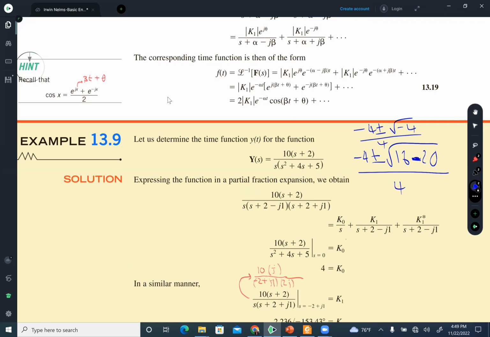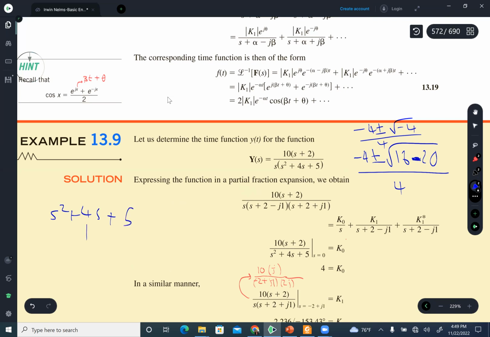I'm just using this formula, right? This is s squared plus 4s plus 5. So this is your b, this is your c, and a is equal to 1. So it's minus b plus or minus square root b squared minus 4ac, over 2a. 2a is 2. That's why I was confused.